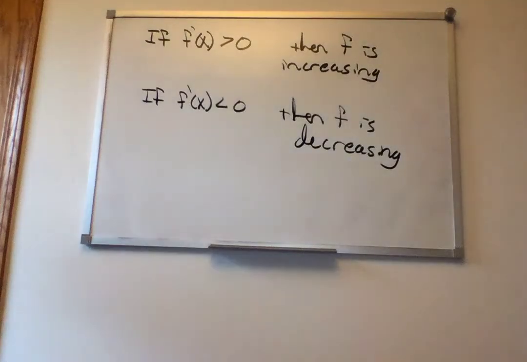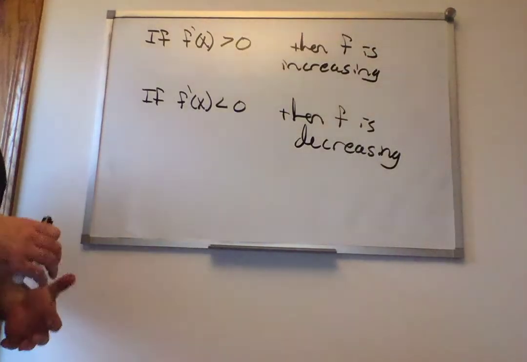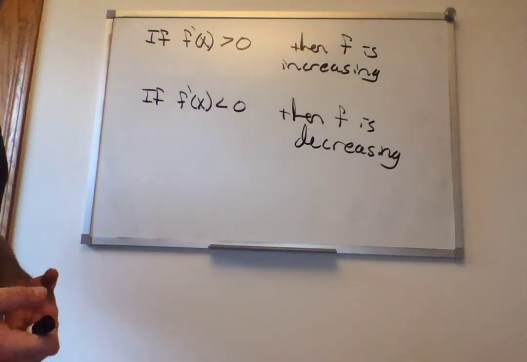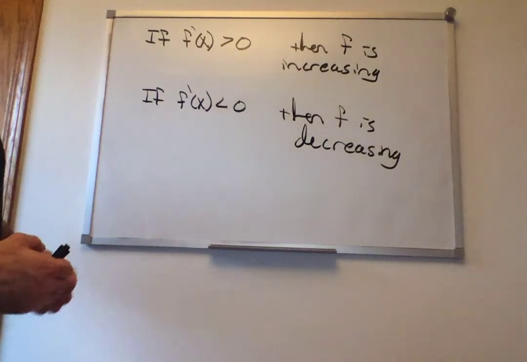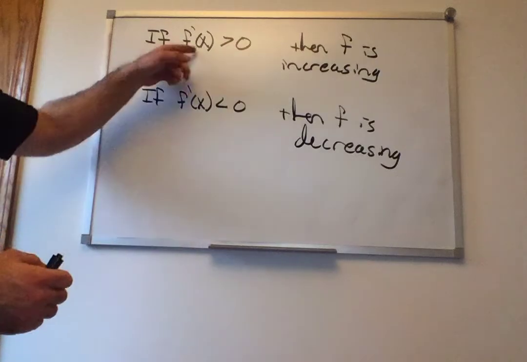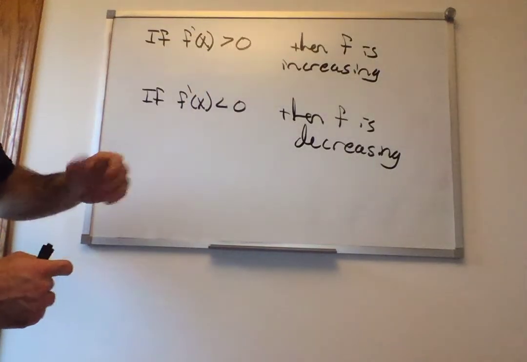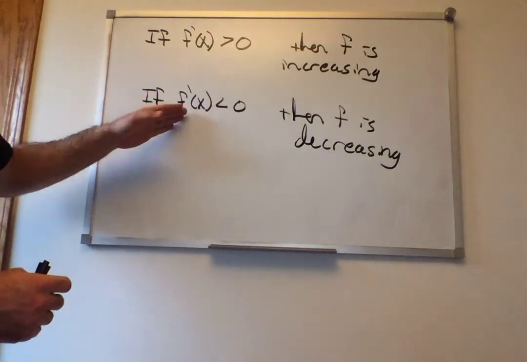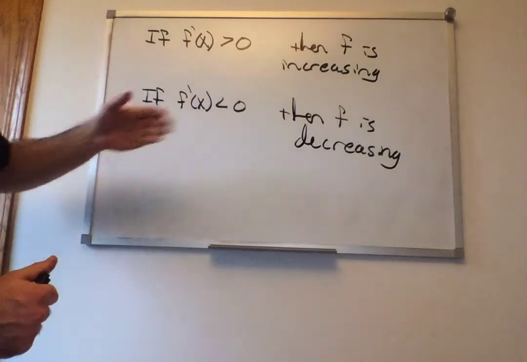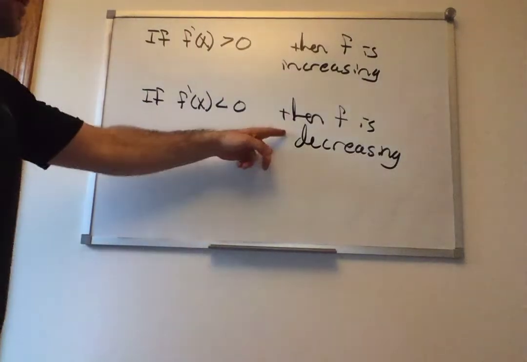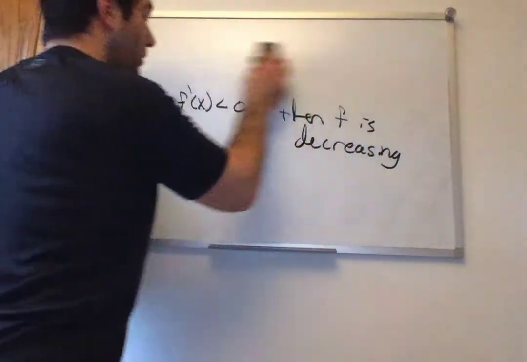So again, this is a test. This gives us a method to find where our original function is increasing or decreasing. We take the derivative and set it greater than 0 for increasing intervals and solve. And then we take the derivative, which we already did in the first step, set it less than 0 and solve these intervals where they're less than 0. Okay?